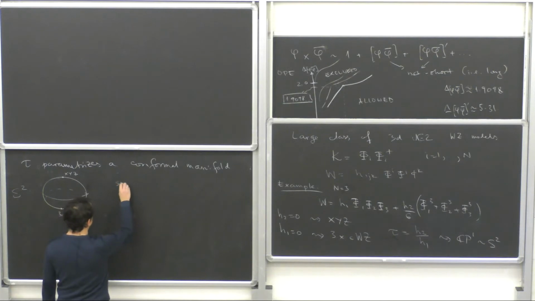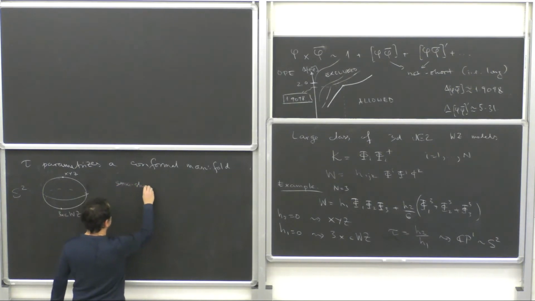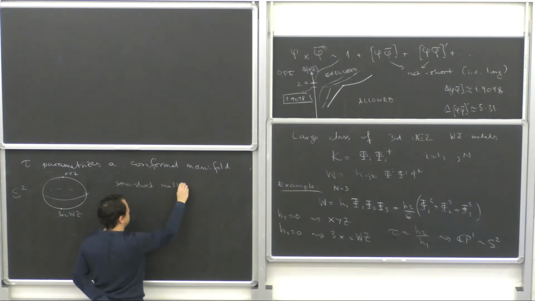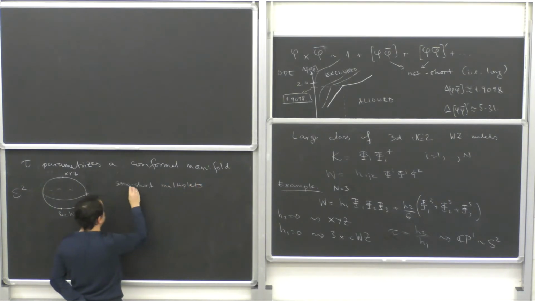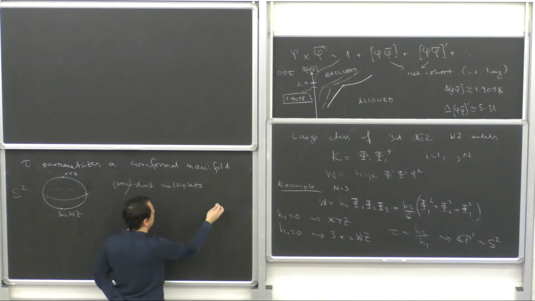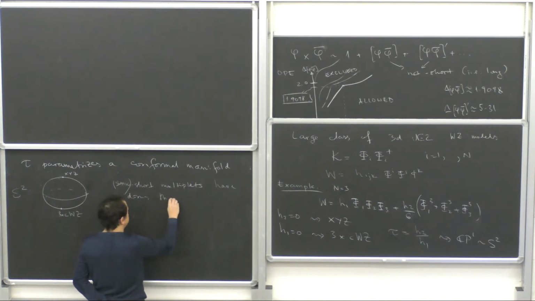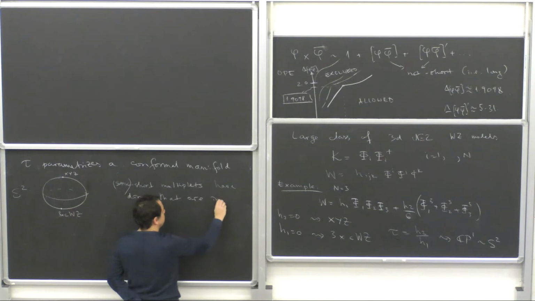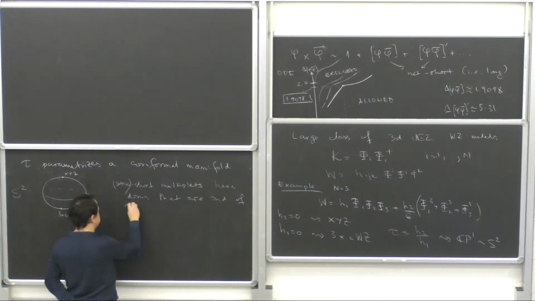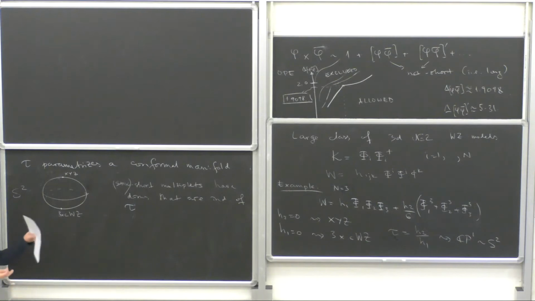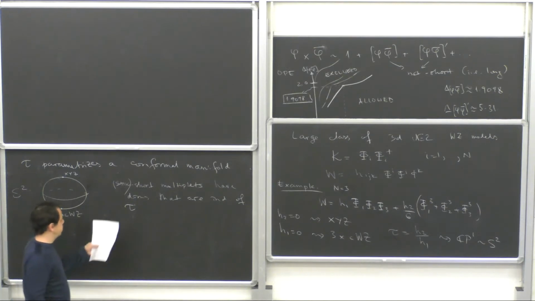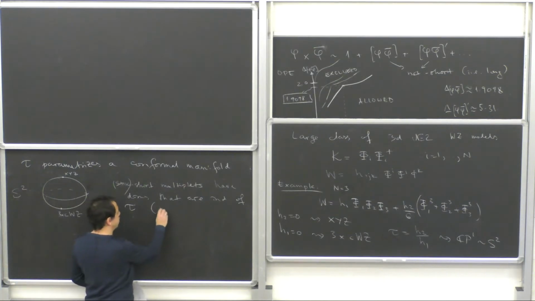And you can show that semi-short multiplets, and also the short ones, have dimensions that are independent of tau. So the spectrum of those operators is the same on this sphere, which is why operators like this are sometimes called protected operators.